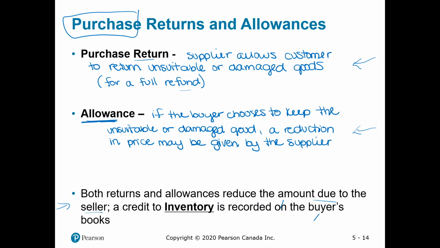And because this means we are paying less as the purchaser, it reduces the cost for that inventory. And therefore, we also have a credit to the inventory account on the purchaser's books. So we're going to record this credit to bring down the cost of the goods because we either returned them or we got a reduction in the price.